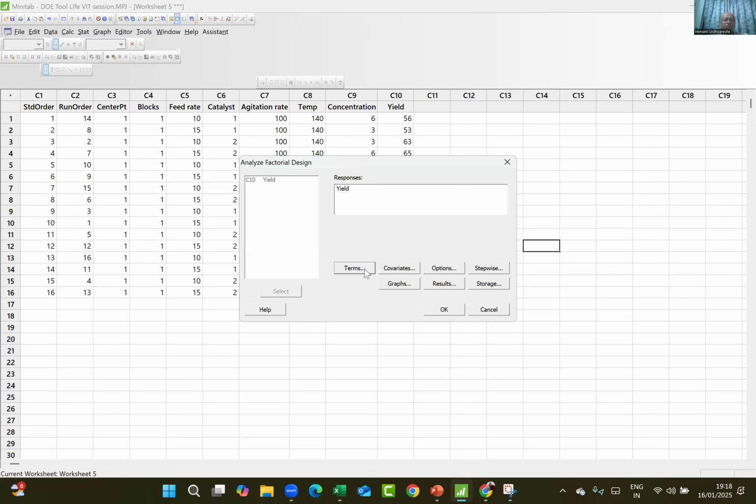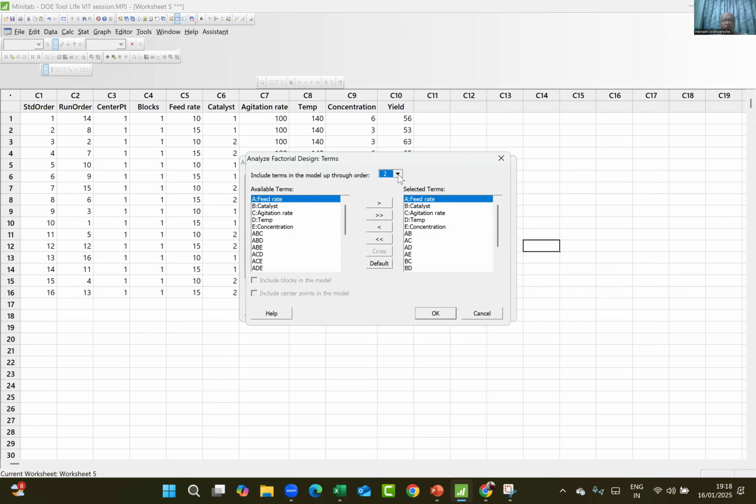The terms that you can see here will be only up to second order because you have chosen a resolution code 5. So main effects and 2-factor interactions only will be shown. You won't see the 3-factor, 4-factor and 5-factor interactions because you cannot calculate those, as the resolution code is 5. So it is okay here.